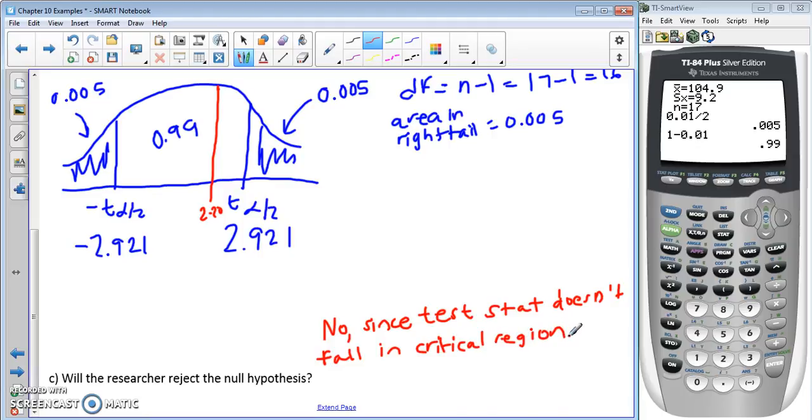Right, so again, same idea as with proportion, we also could say no, because the test statistic is between the critical values.